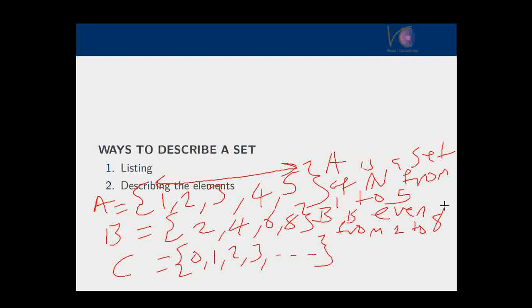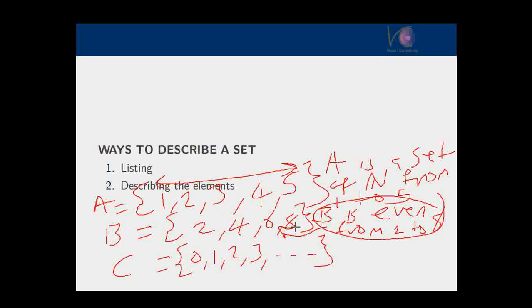Be as explicit as possible. Describe what you can see. From this description, we should be able to go back and list. That's how it works. Any descriptive statement that you make, you should be able to take back to a listed set.